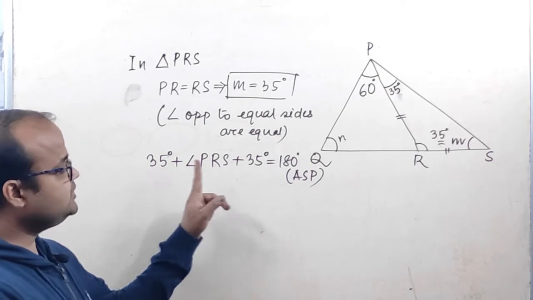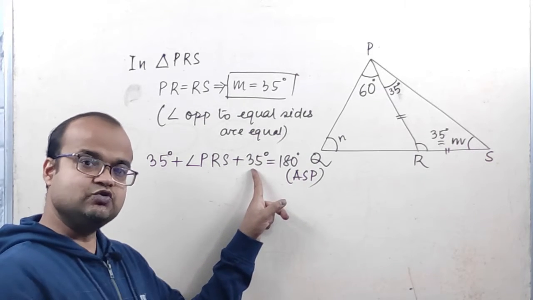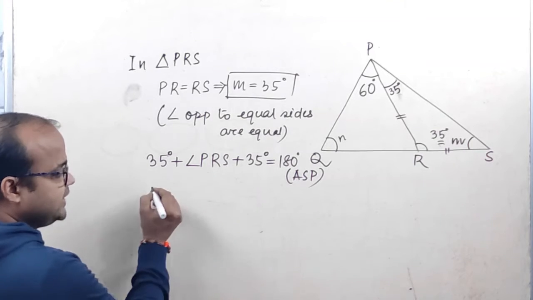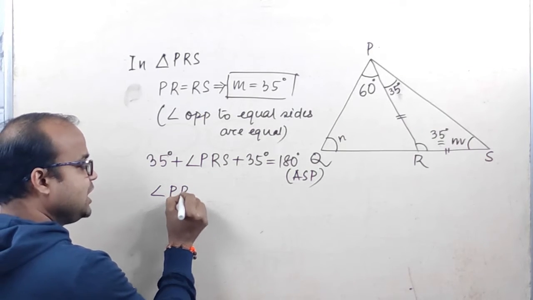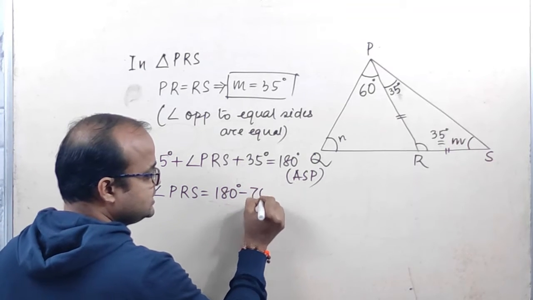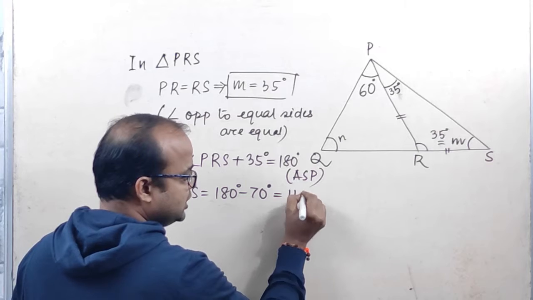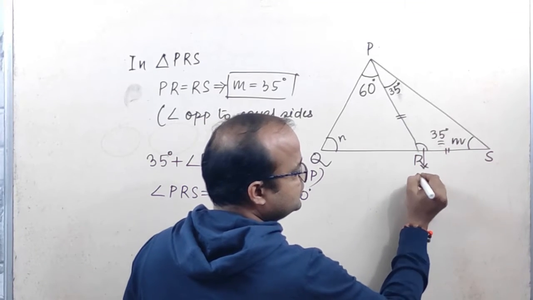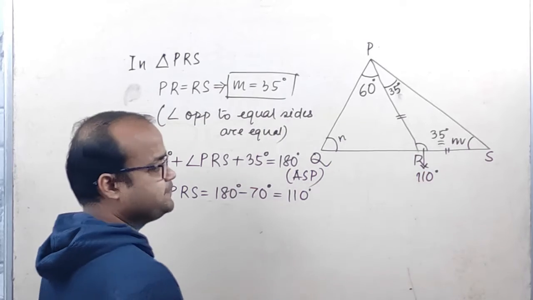So 35 degree plus 35 degree equals to 70 degree. Once you shift the sign, we'll get angle PRS equals to 180 minus 70 equals to 110 degree. So this angle is equal to 110 degree.